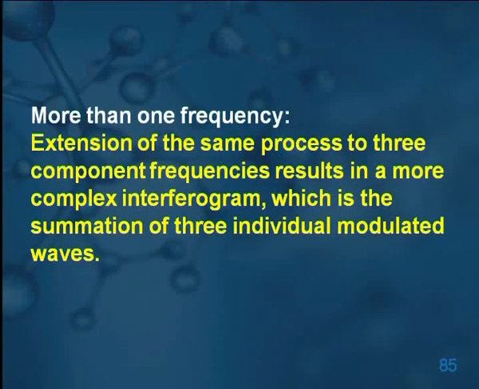If we use more than one frequency, then extending the same process to a three-component frequency source results in a more complex interferogram, for which we have to sum three individual modulated waves. So it will be very complicated.